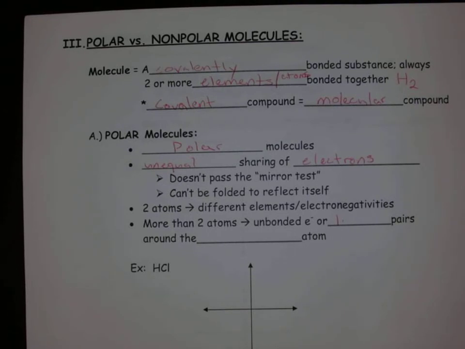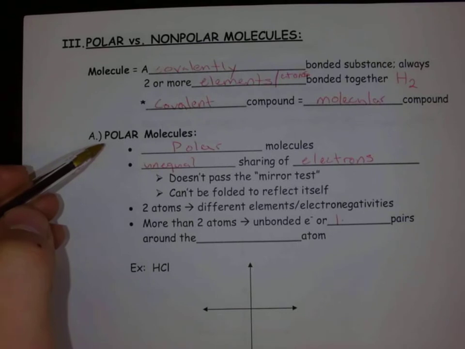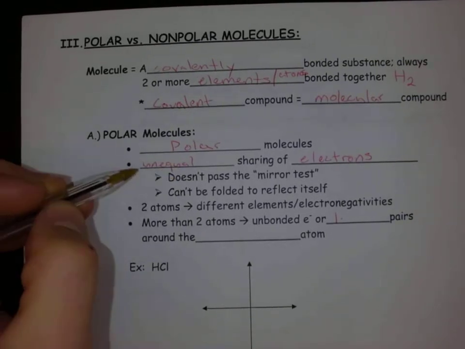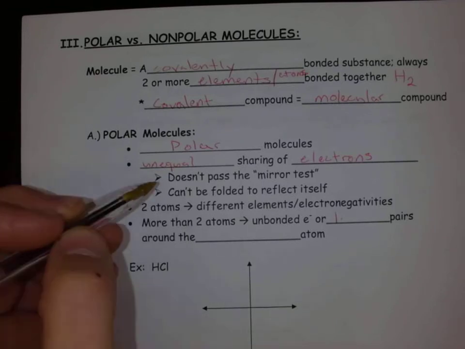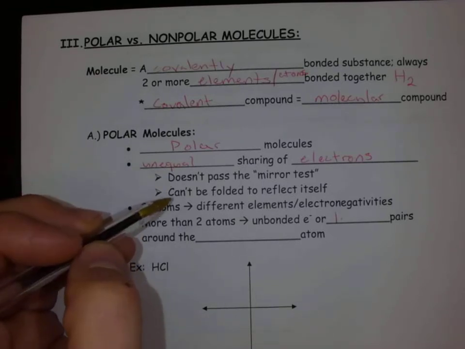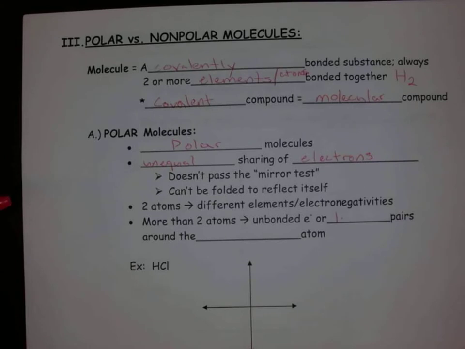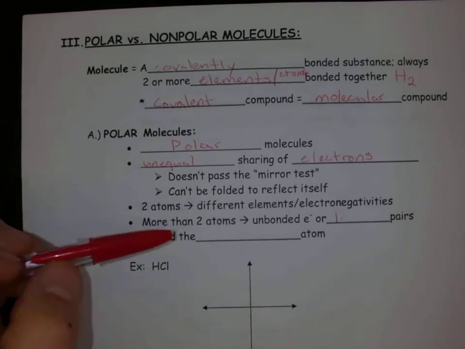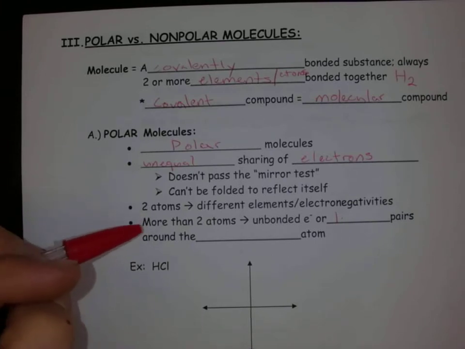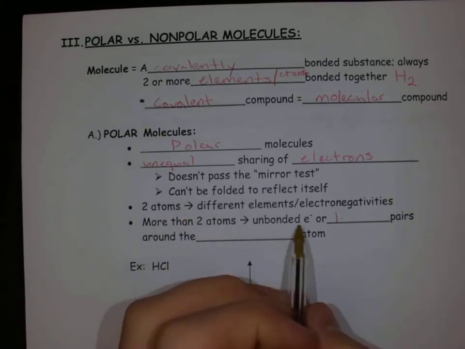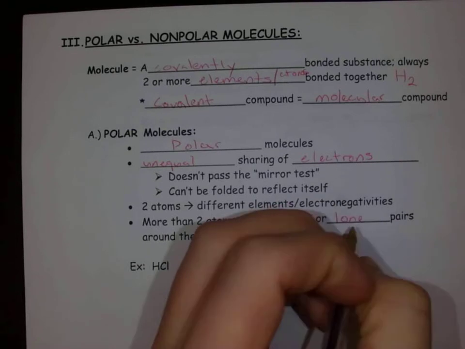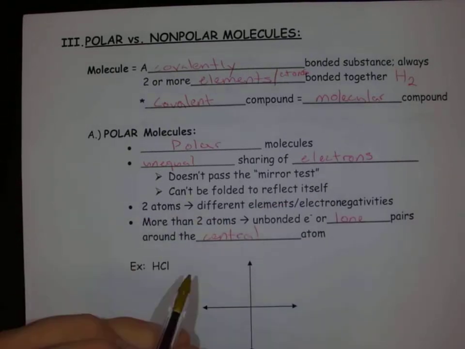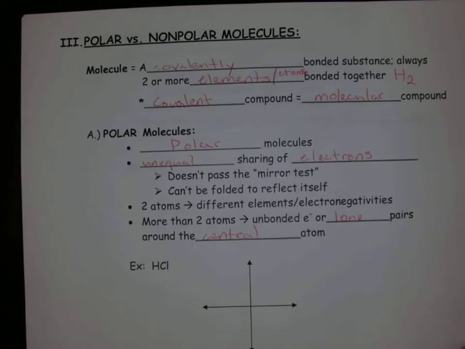Here, in our polar molecules, the electrons mostly get pulled over to one side, so we have an unequal sharing of the electrons, and it doesn't pass the mirror test, and it can't be folded to reflect itself. If we have two atoms, we have to have different elements, different electronegativities. If we have more than two atoms, we need to have unbonded electrons or lone pairs around the central atom. So this is how we're going to identify our polar molecules.